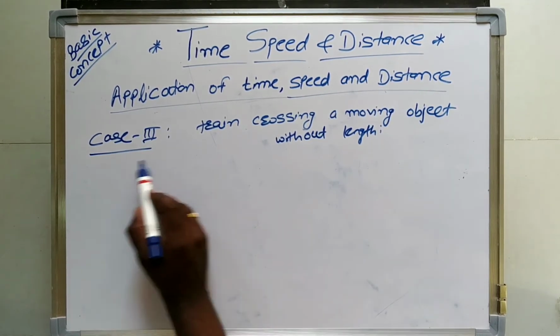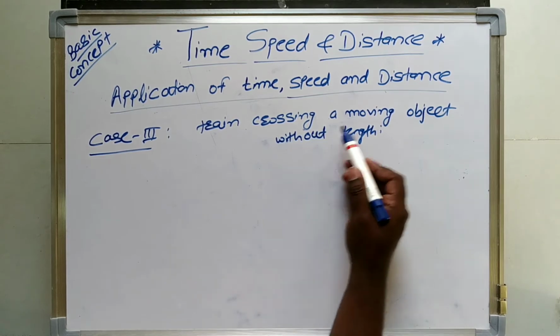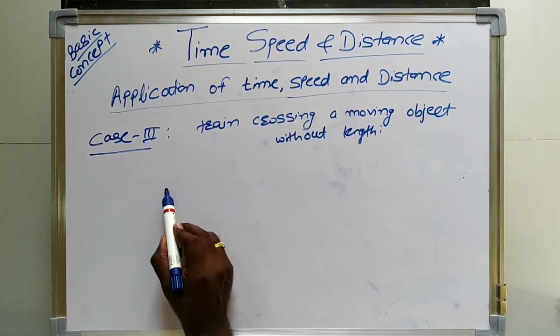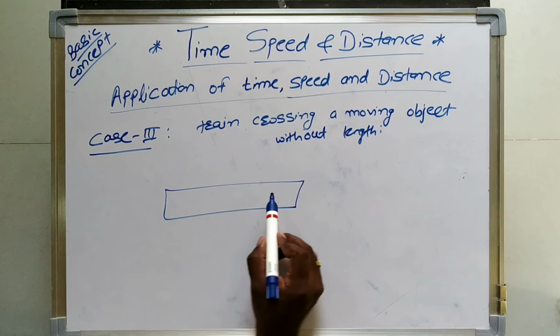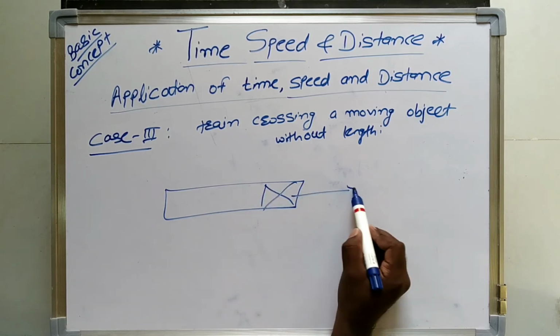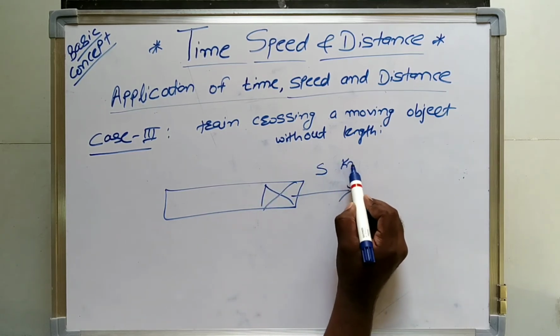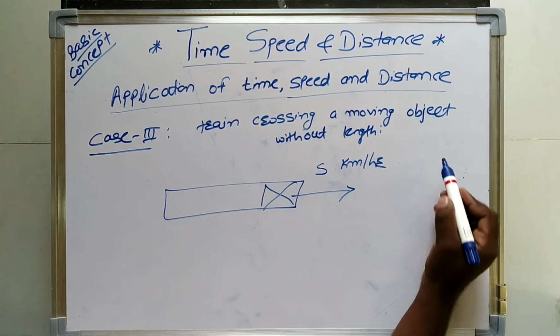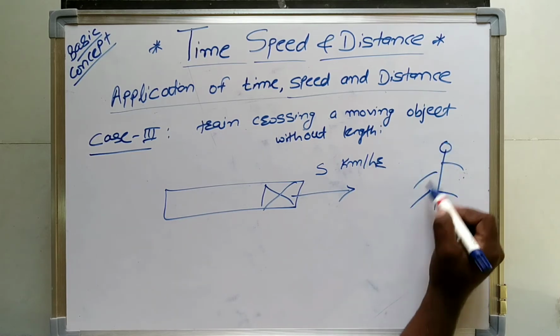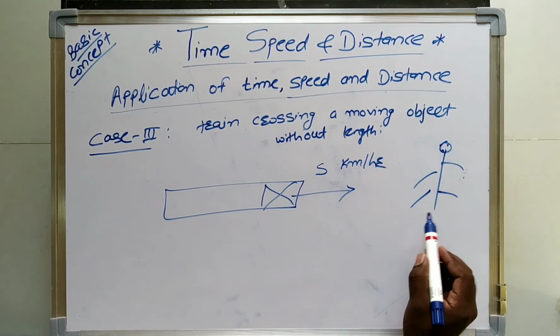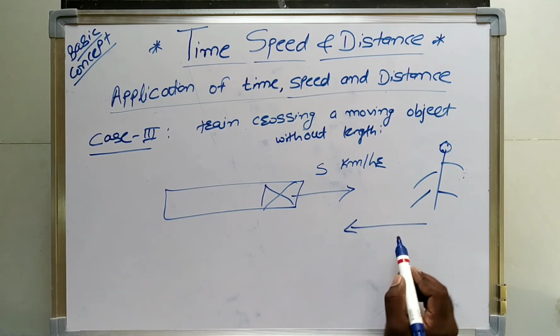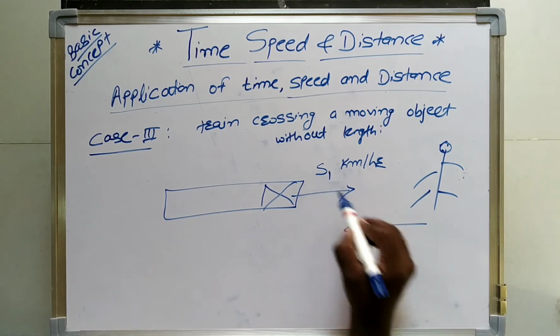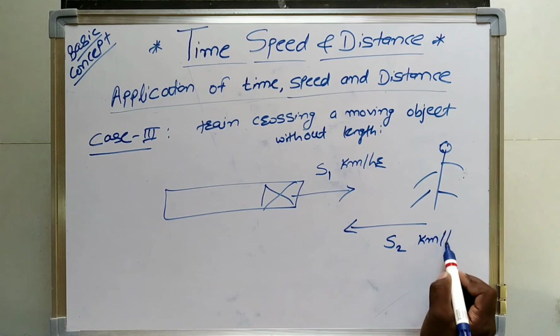Now case 3. When a train is crossing a moving object without length. Suppose this is the train moving with the speed of s1 km/h, and there is a man who is running with the speed of s2 km/h.